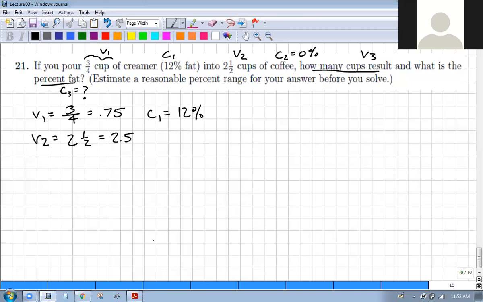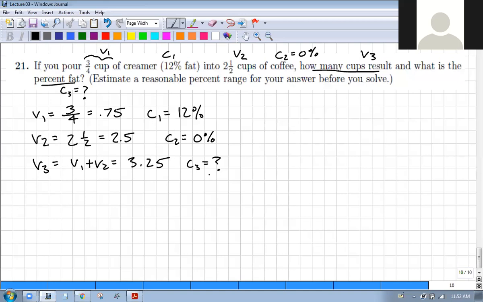And it's pure coffee, which has no fat in it, so C2 is 0%. V3 is V1 plus V2, so it'd be 3.25, 2.5 plus 0.75.